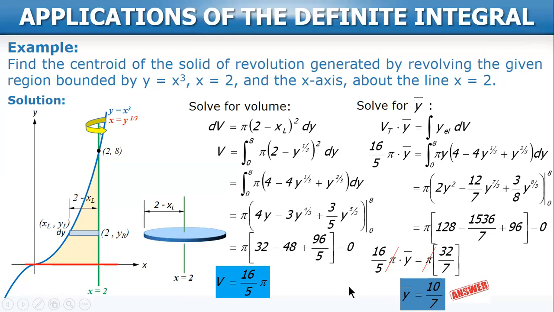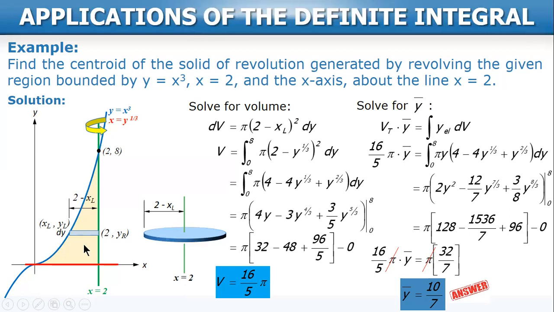Pero, based on experience, I would like to suggest that if the axis is vertical, the strip will be horizontal. The reason is, we all know, sa centroid sa area, ang y sub EL or x sub EL could be the average.